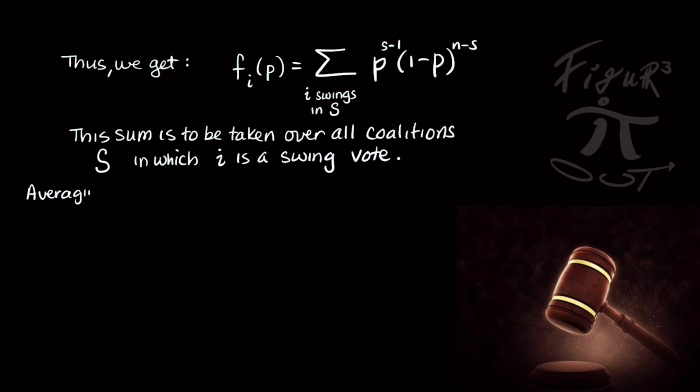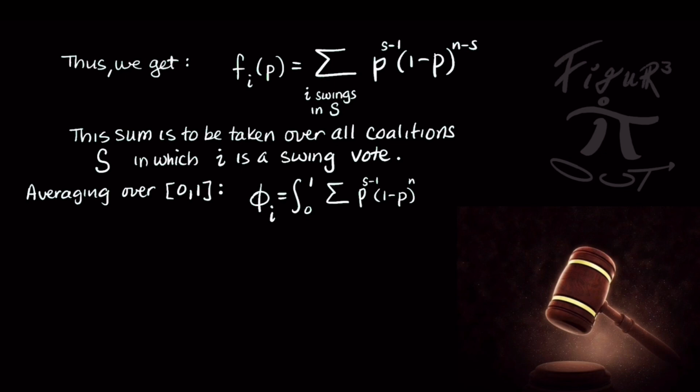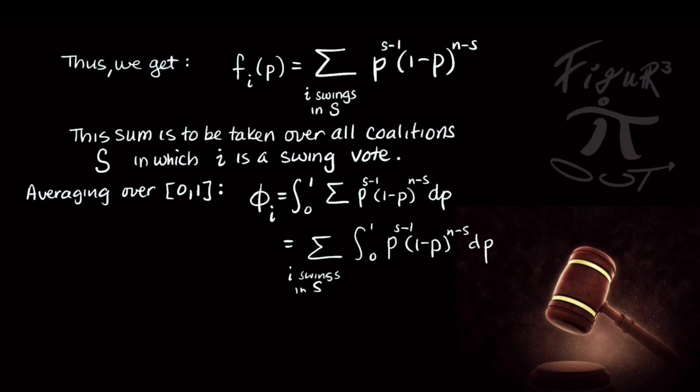In other words, how many times I is effective to make S a winning coalition. By averaging over the interval from 0 to 1, we're integrating this sum, and by the dominated convergence theorem we can switch the integration and the summation symbol and integrate the inside.